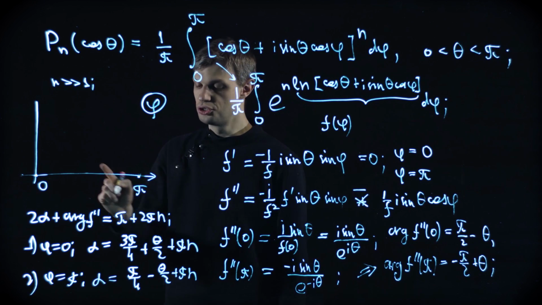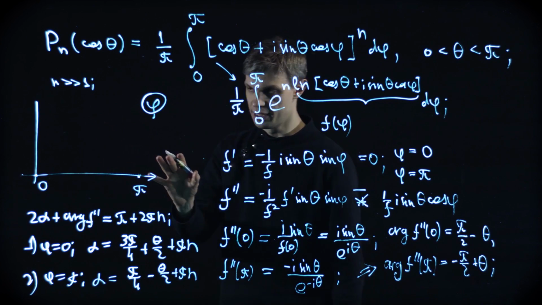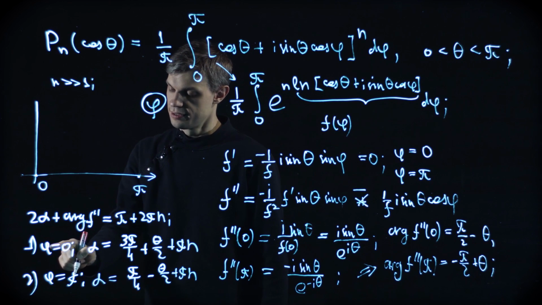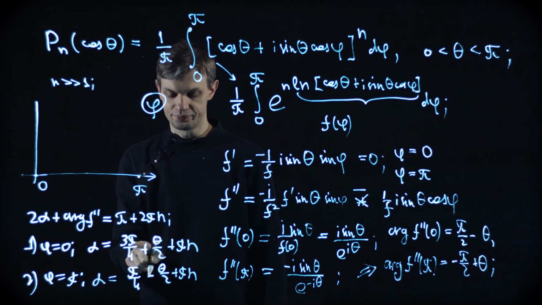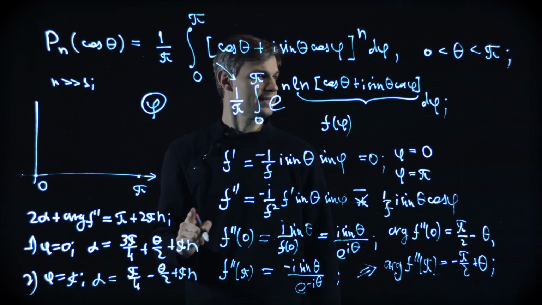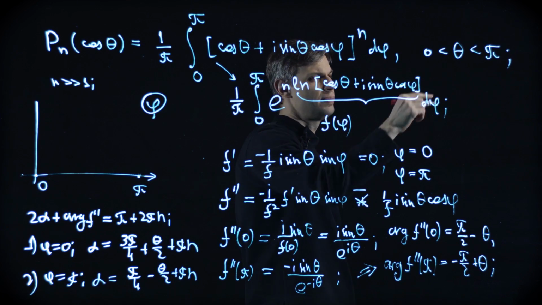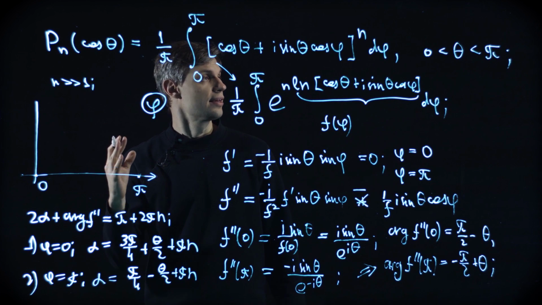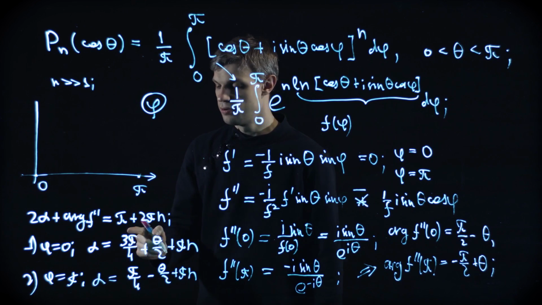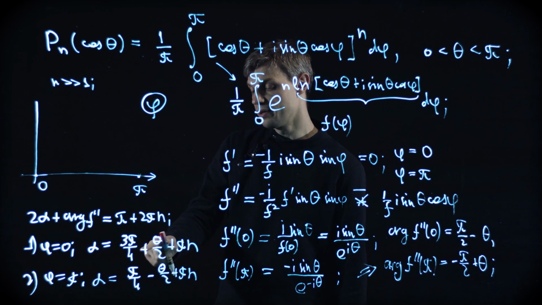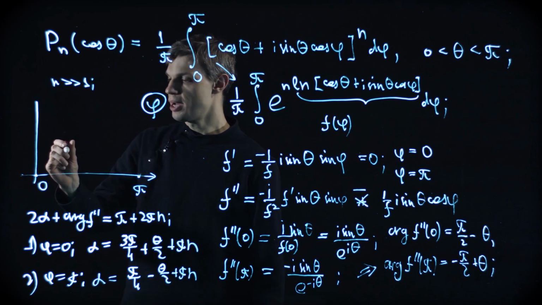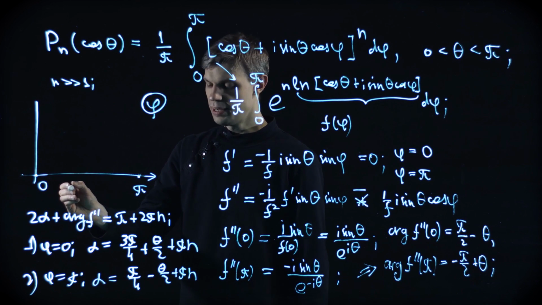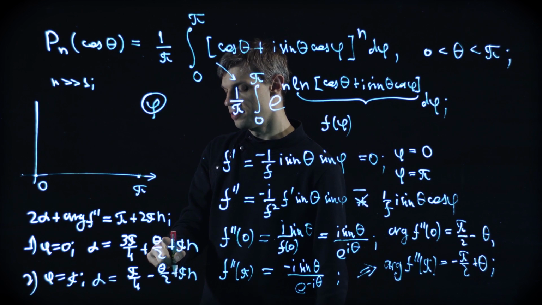Right, so let's draw this direction on the complex plane of this phi parameter. The first is phi equal to 0. So this is our direction. Theta is arbitrary, it changes from 0 to pi. Let's assume, just for concreteness, that theta is somewhat small. So this direction is very close to 3 pi by 4 plus pi n. So 3 pi by 4 is this direction. It goes like that, but we add some small variation, theta over 2.